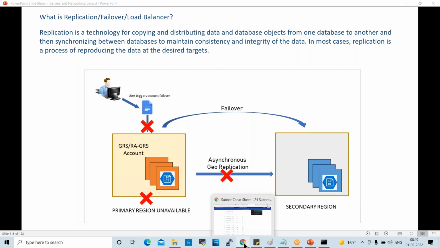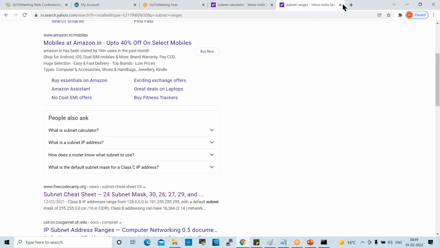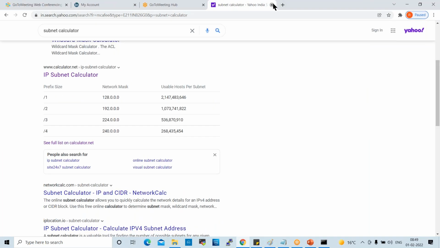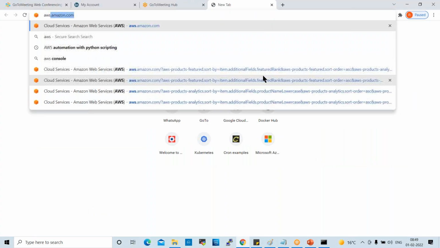Yeah. Now, to create an AWS account, what do we have to do? Just type aws.amazon.com, that is the URL.